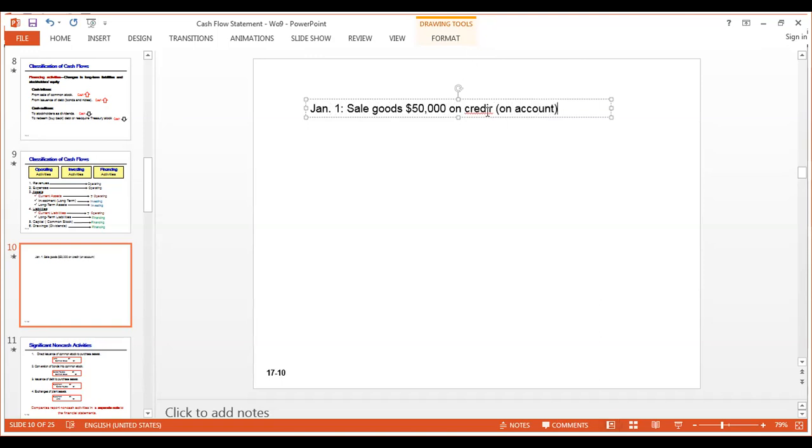So you sell your goods. Total value is $50,000, but it is on credit or on account. So what is the journal entry here?